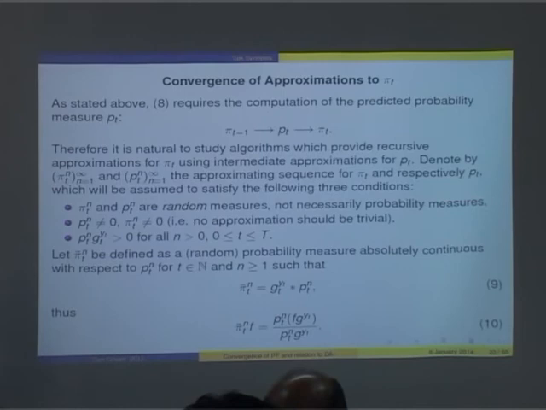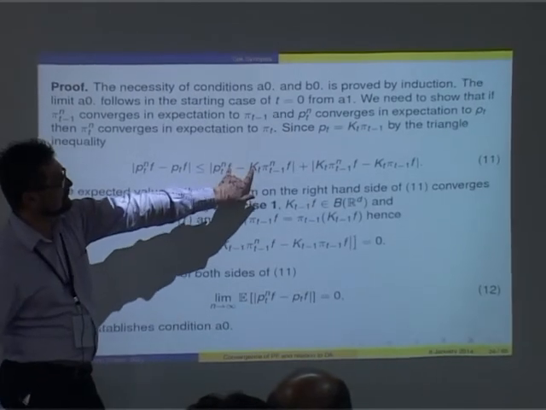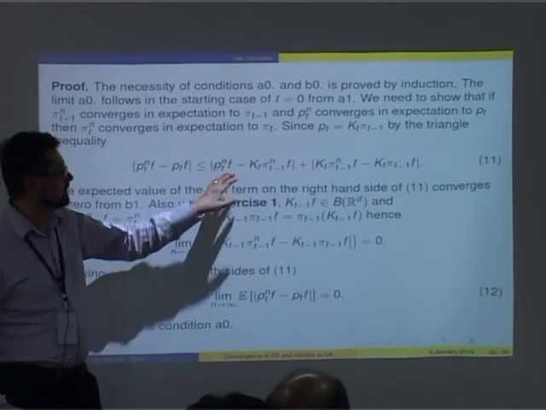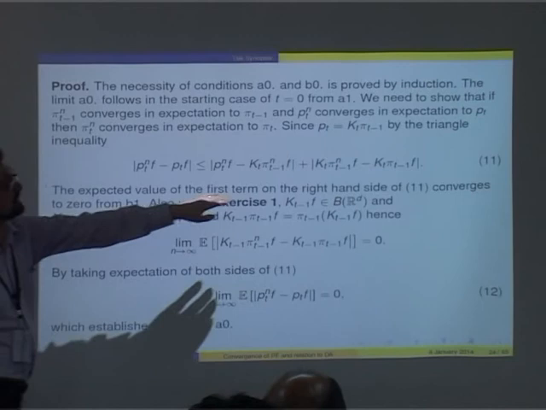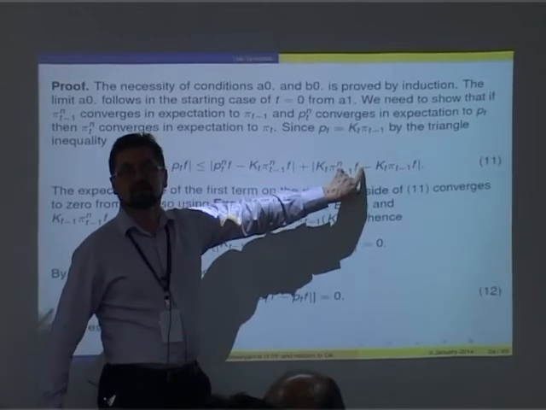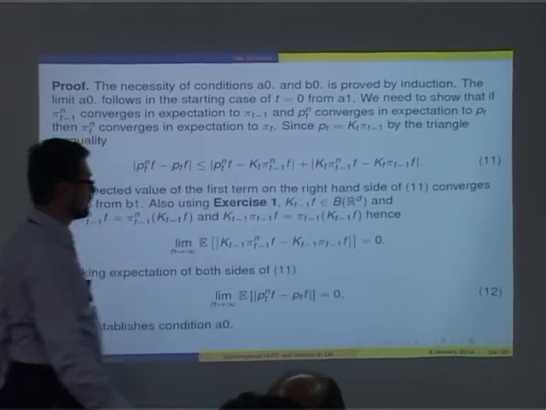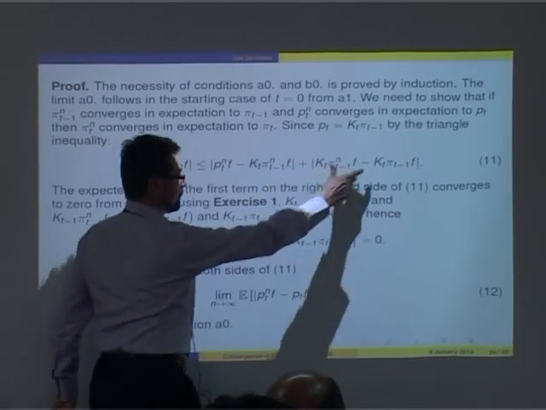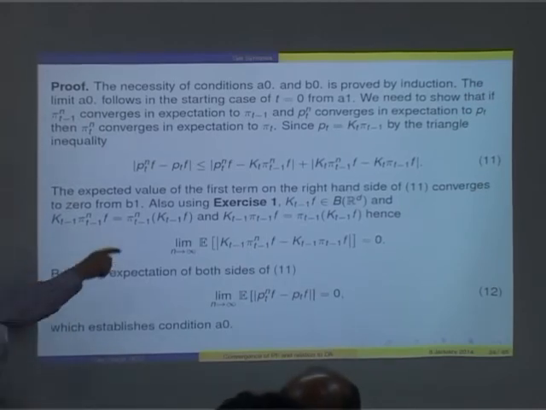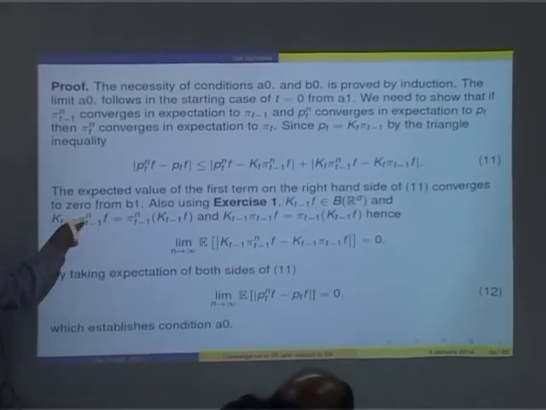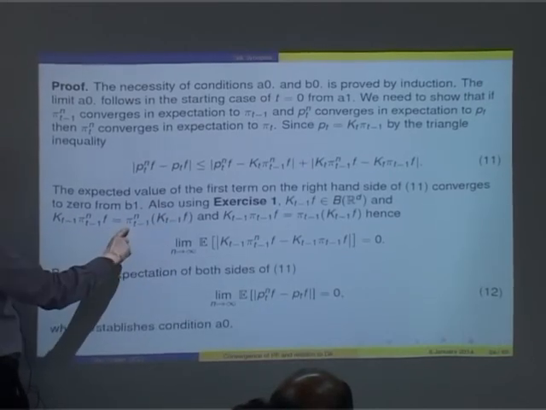Okay? So if I know that this one goes to 0, this one is going to go to 0. And now I'm going to show you why this one goes to 0. All right, so this is the linear step. Why does this guy go to 0? Well, here's where I use my Fubini theorem, because amending the measure is the same thing as amending the function and then applying the measure.